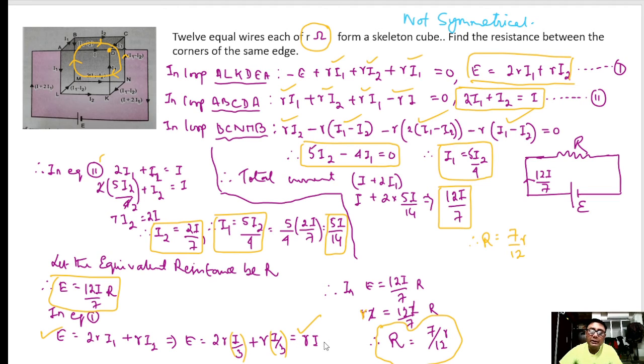Now putting that E as Ri in the equation, we see that I and I cancel. So this is the equivalent resistance of the whole circuit. Clear? This is the equivalent resistance of the whole circuit.